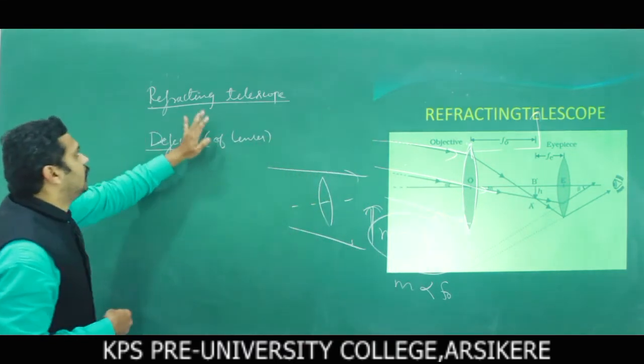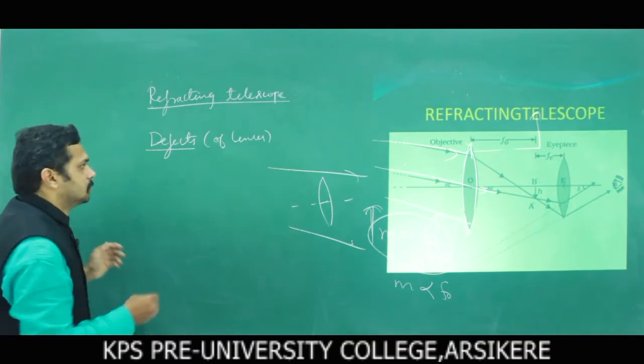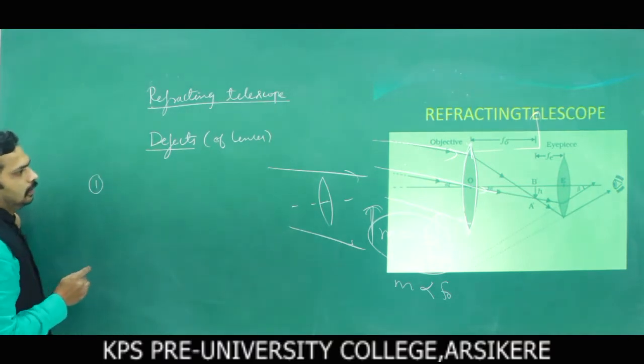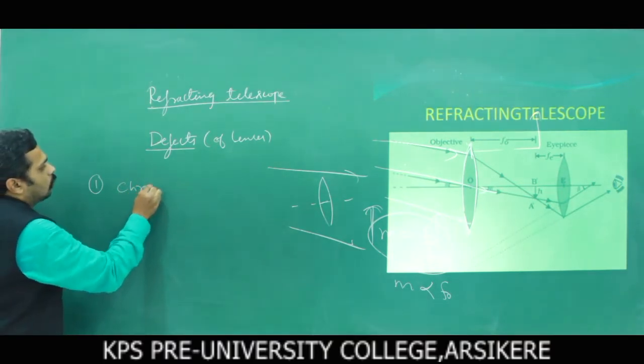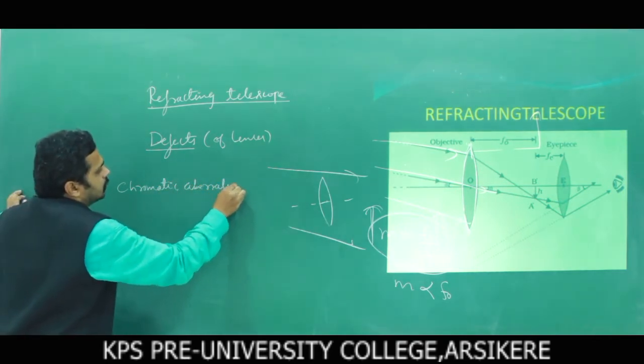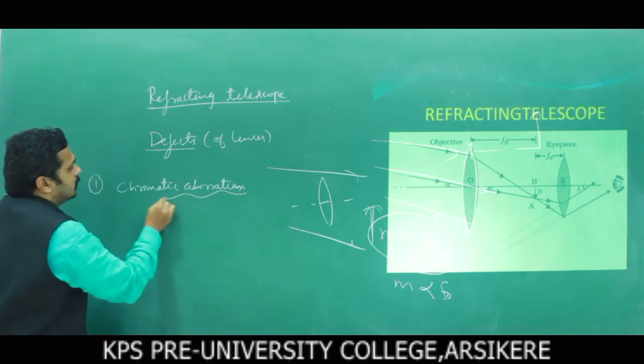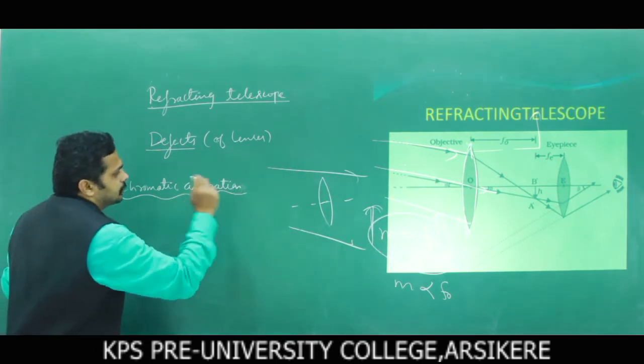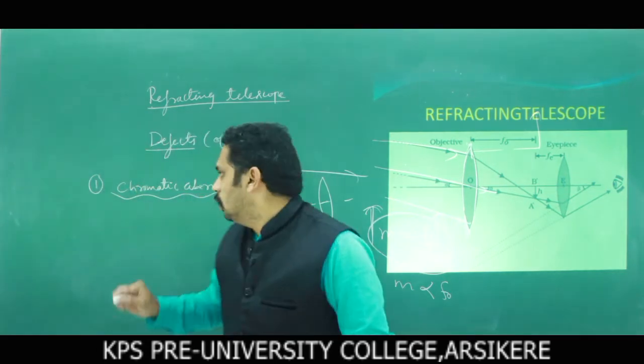Now, what are the defects in the refracting type telescope? The first one is chromatic aberration. If you use lenses, the first defect is chromatic aberration. What is chromatic aberration?